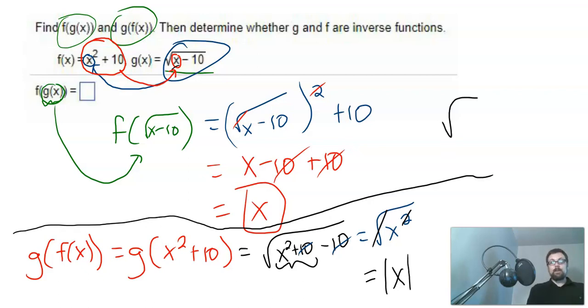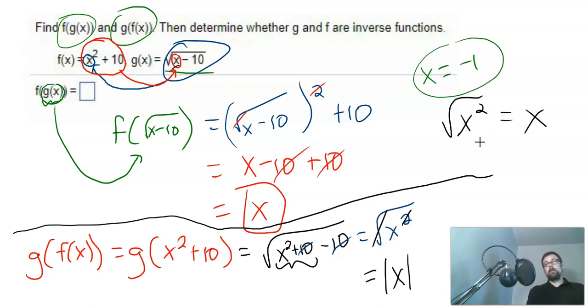The reason that has to be the case, just really quickly again, is if I choose a negative number for x, like -1, let's say, and I plug that in here, if these are truly equivalent to each other, they should give me the same result. But they don't, right? Because if I plug in -1 here, when I square it, it comes out +1. And then the square root of 1 is just equal to 1.